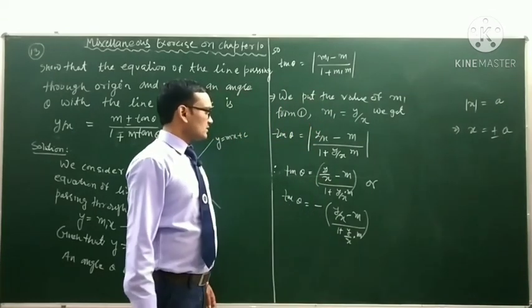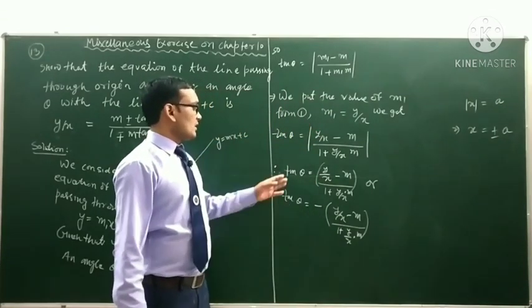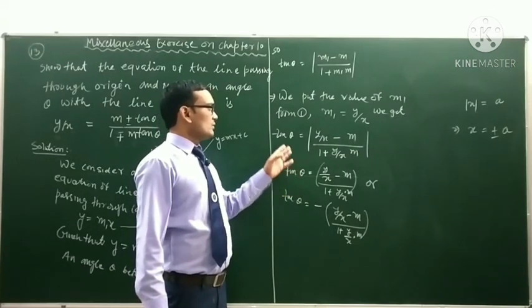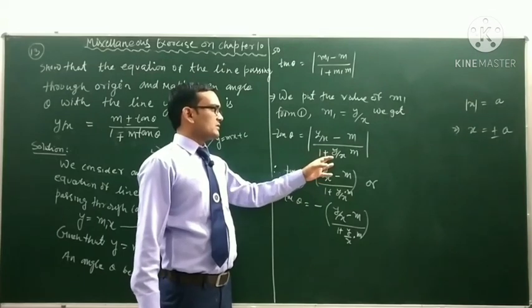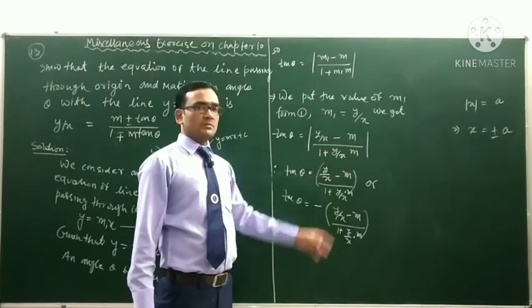Then tan theta equal to mod of y by x minus m upon 1 plus y by x into m.